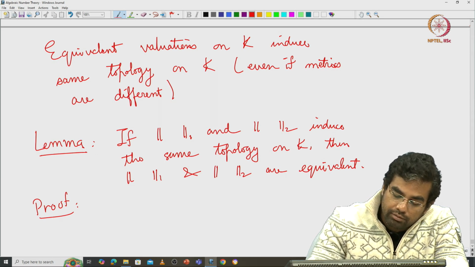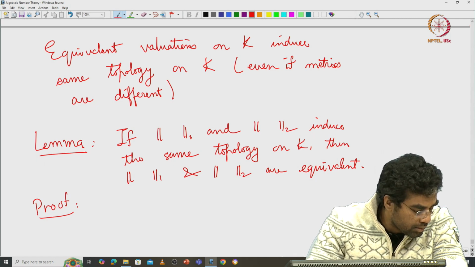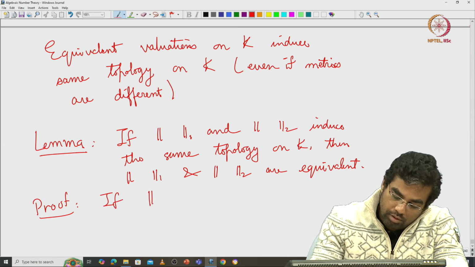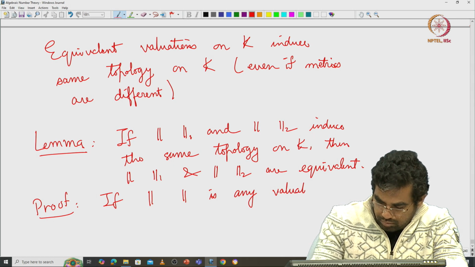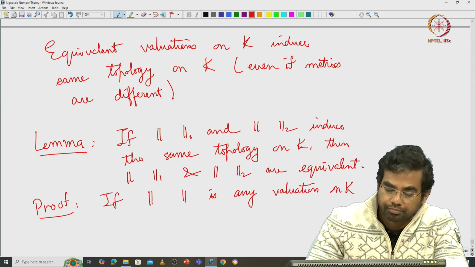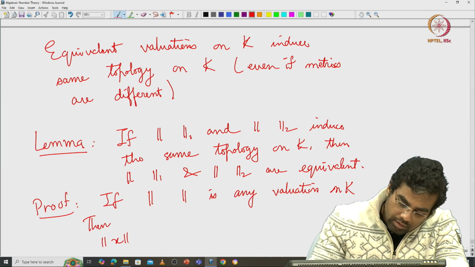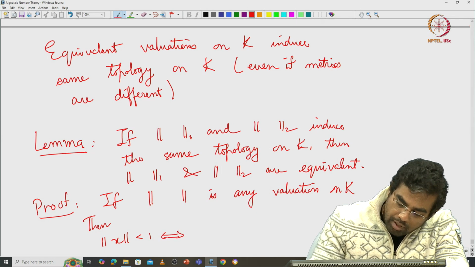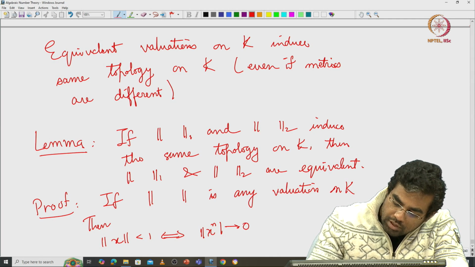So, what are we given? We are given that valuation 1 and valuation 2 induce the same topology, right. So, if I have any valuation on K, then saying that the valuation of x is less than 1 is the same as saying that the valuation of x to the n goes to 0 as n goes to infinity.